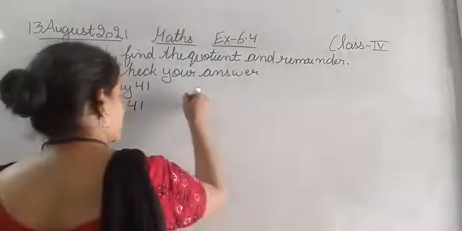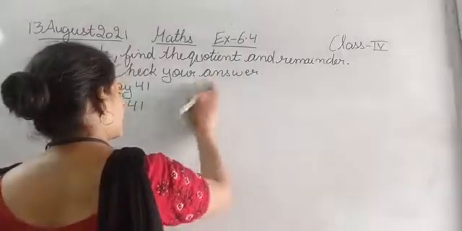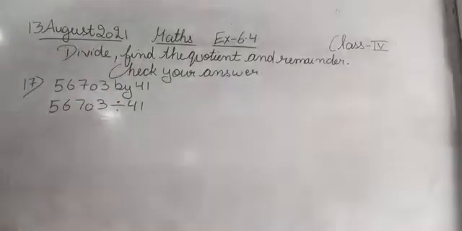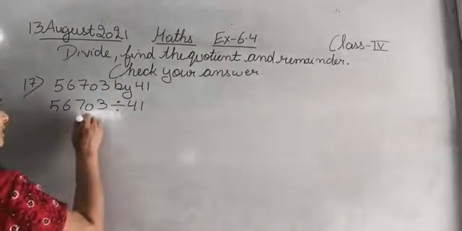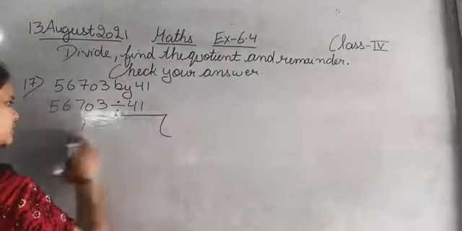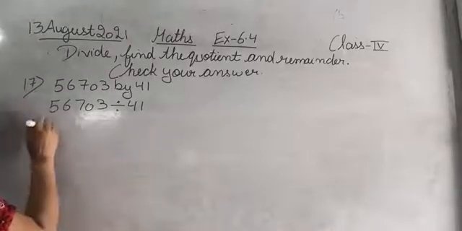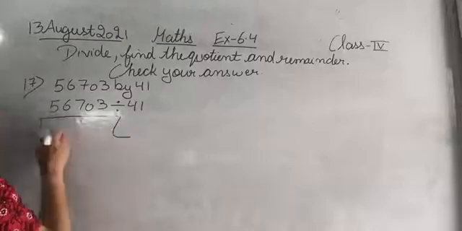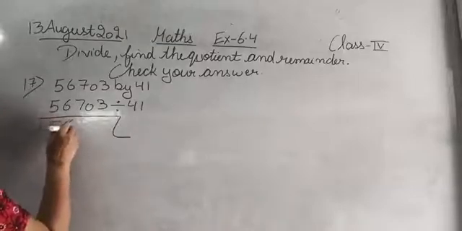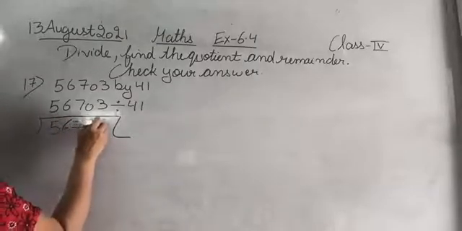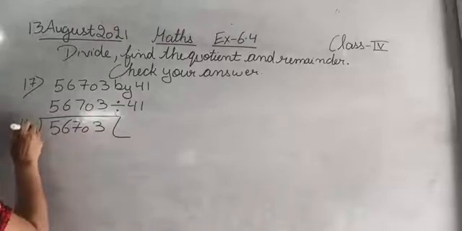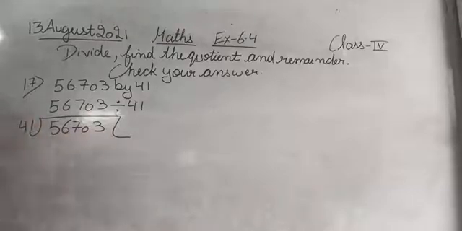So first of all we are going to do the division. What will we do first? We will divide. 56,703 divided by 41.